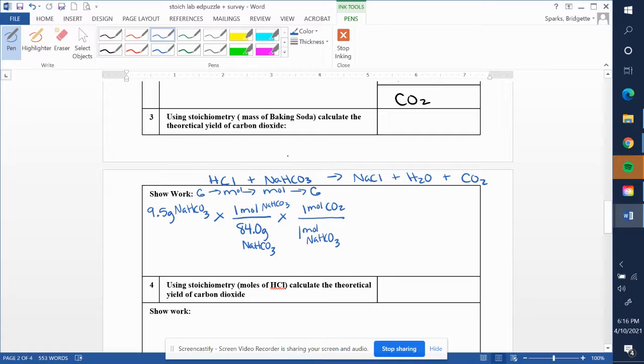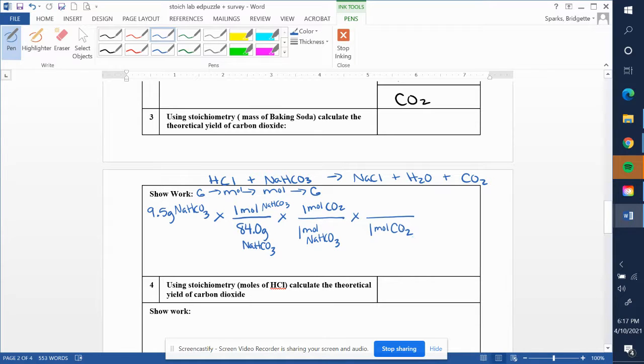And as we said, though, we wanted the theoretical yield, which is the mass of CO2 we should have made in lab. And what we see is for every 1 mole of CO2, if we want to go from moles to grams, we have to find the mass of 1 mole.